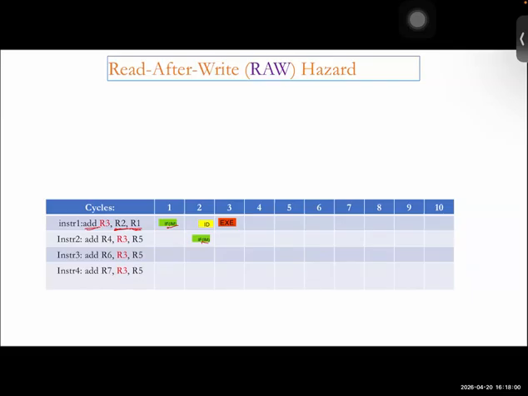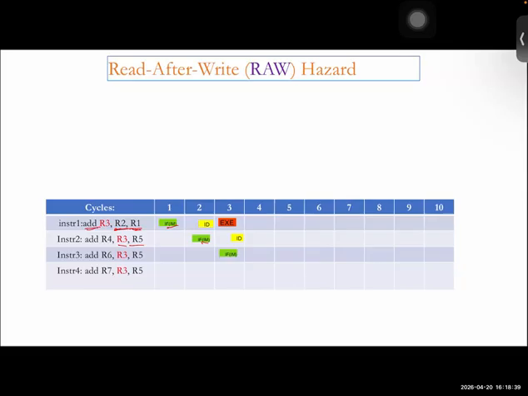Instruction 2 moves into the instruction decode stage to decode the source operands, so the register file is accessed and the source operands R3 and R5 are identified. Instruction 3 is allowed inside the pipe at cycle 3.